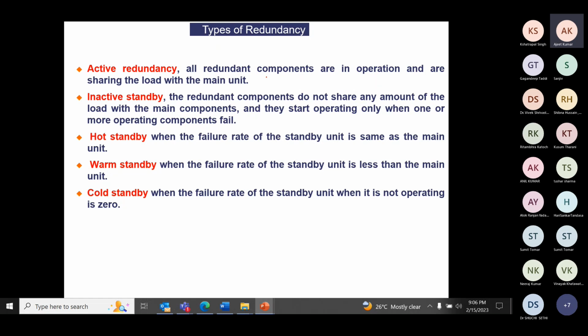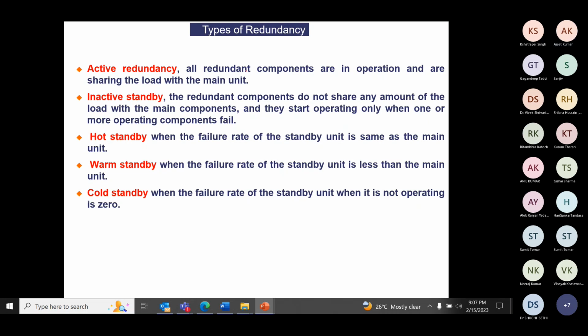With 2 UPS, if one UPS fails, both were sharing the load, all are active. Inactive: redundant components are not sharing any amount of load with the main component, and they start operating only when one component has failed, like a genset. You have to go and switch it. Just power gone, you have to go and switch it. So both have advantages and disadvantages.